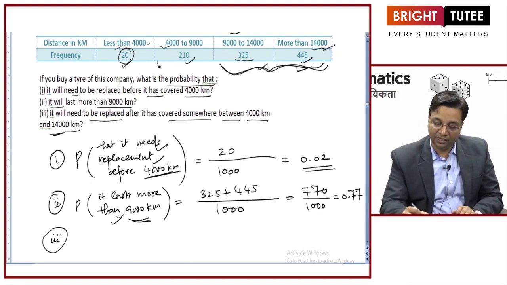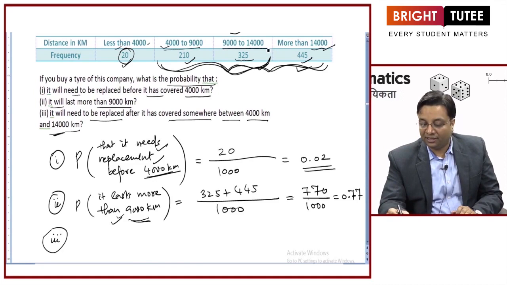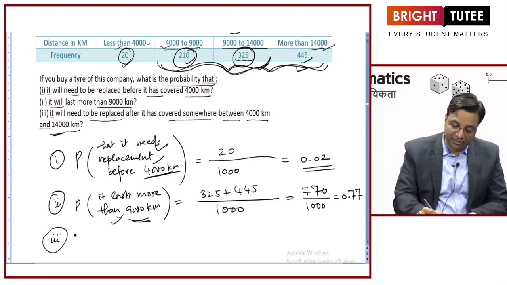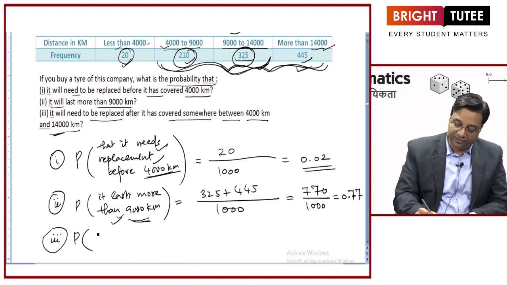So, these will be the events that we will consider: 4000 to 9000 and 9000 to 14000. The sum of these two numbers is the number of times that this event occurred.